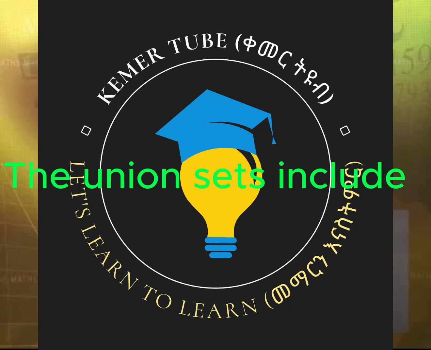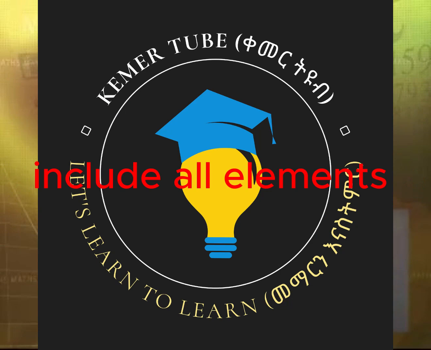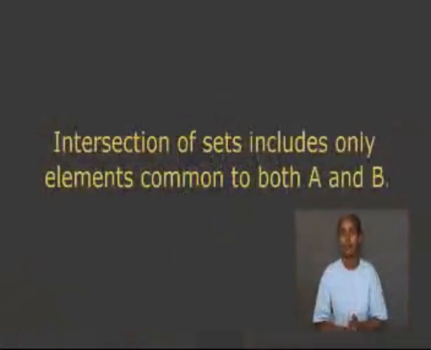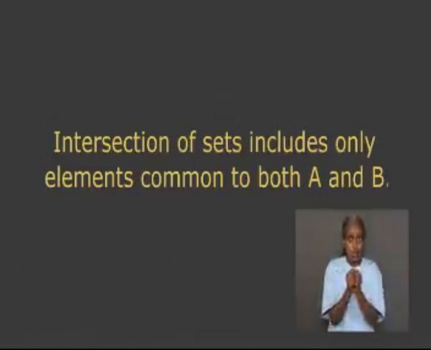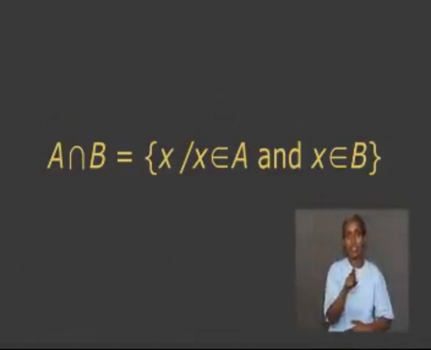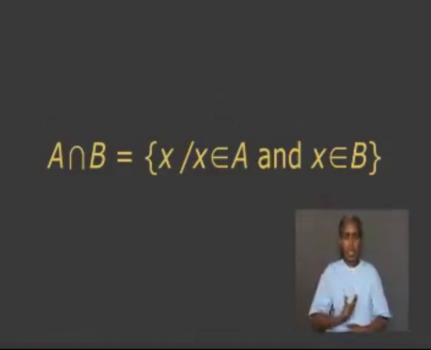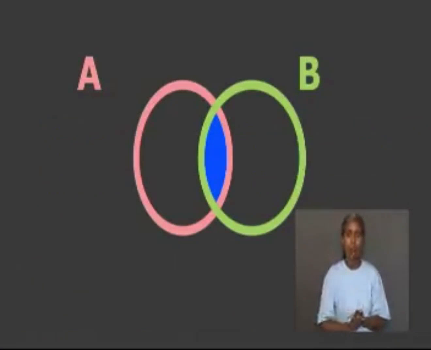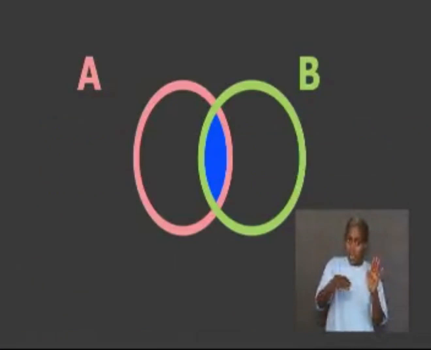The union of sets includes all elements that are in set A or set B. The intersection of sets includes only those elements that are common to both set A and set B. That is, A intersection B is the set containing x, where x is an element of A and x is an element of B. If we look at this Venn diagram, A intersection B is represented by the blue shaded region.